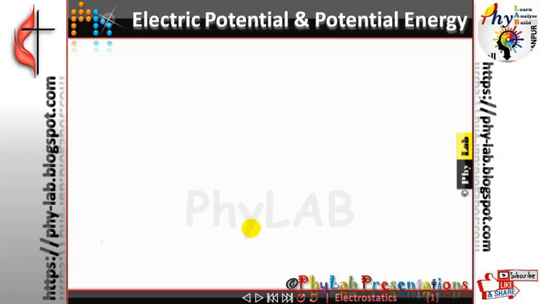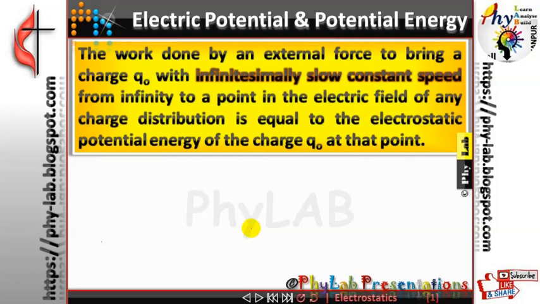Just to give you a quick revision, how have we defined electric potential energy? Electric potential energy was defined as the work done in bringing any point charge q naught with infinitesimally small speed, held constant, from infinity to some point in the electric field of any charge distribution.